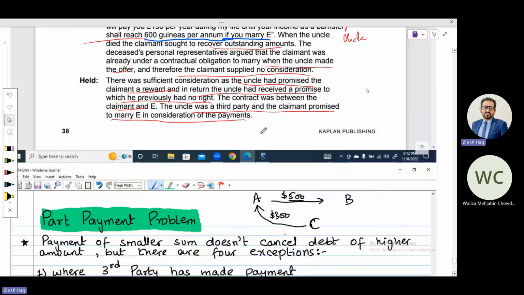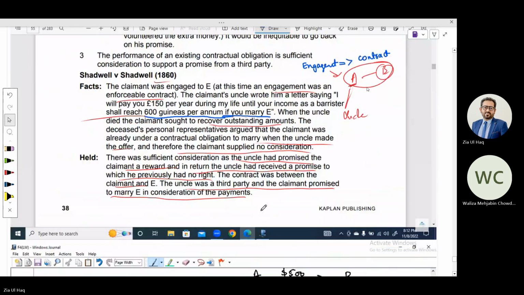A was engaged with E. This means A needs to fulfill the contract, to marry E. But if the uncle says, I will pay you 150 per year during your lifetime until your income reaches 600, and if his income is not reaching 600, he can claim that 150 per year from the uncle's representatives, the third party.